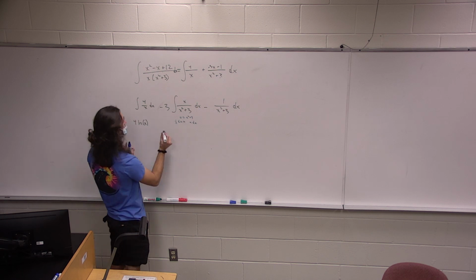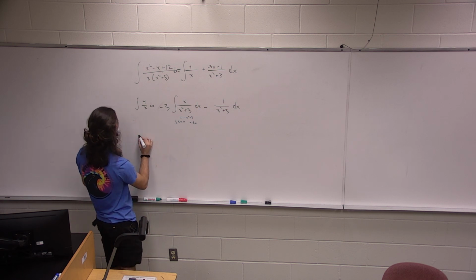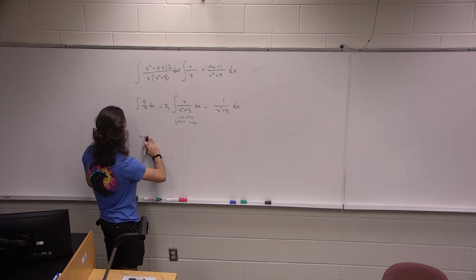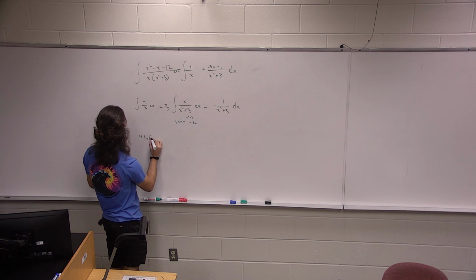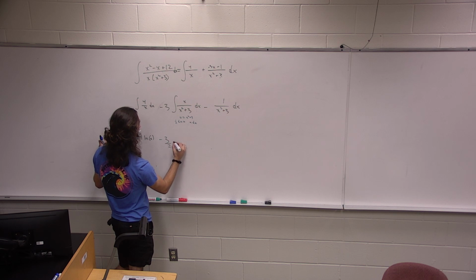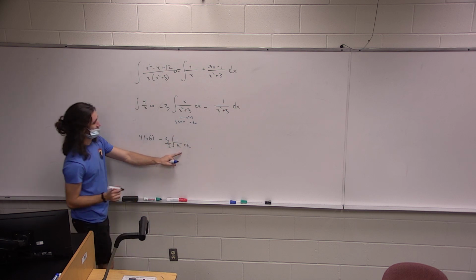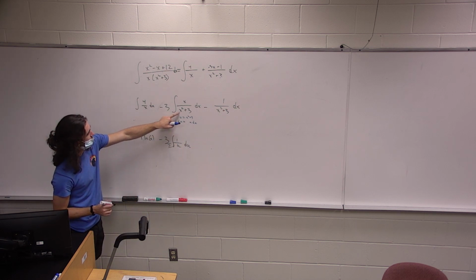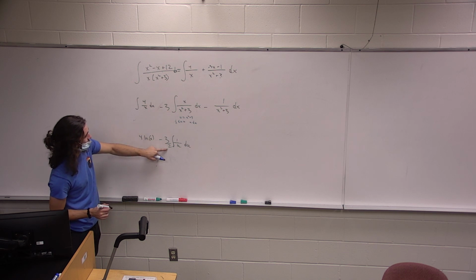So now I can rewrite this as 1 over u. That's dx, the halves there makes it the same.